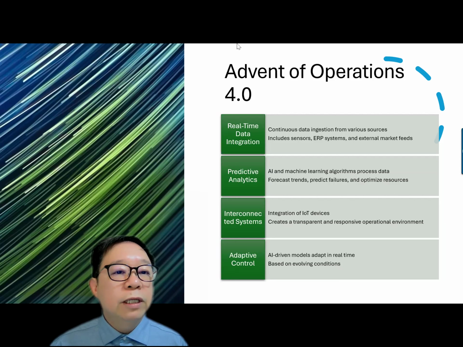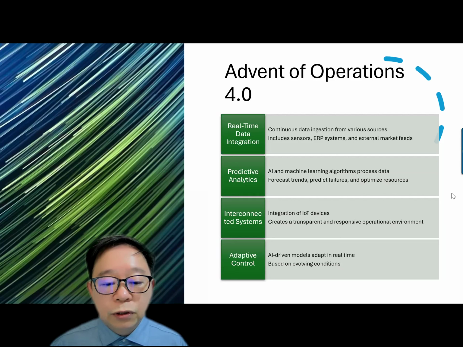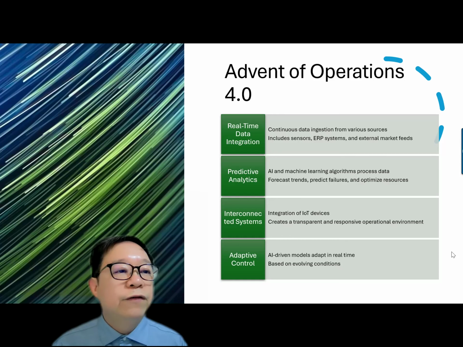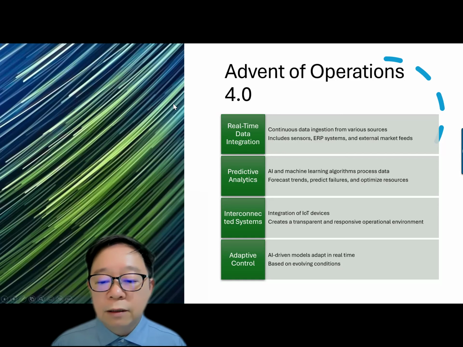Okay, yeah. So this interconnected system is very, very powerful, and we are able to build an AI-driven model. And this AI-driven model, we can use not only for our internal operations, we can even build an ecosystem, helping suppliers and also various customers and stakeholders to improve the communication environment, right?